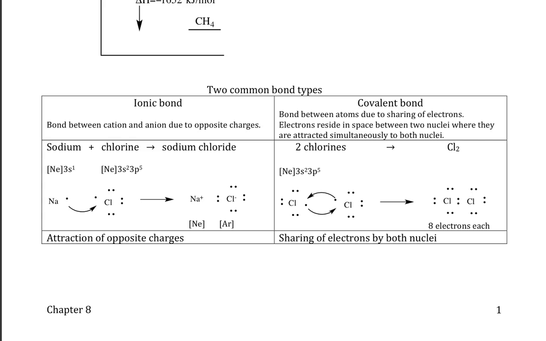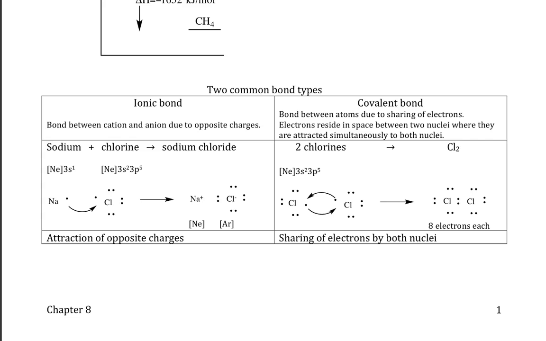Of course, you know electrons have a negative charge. Nuclei with the protons have a positive charge. So plus and minus are attracted to each other. So the electrons between the two nuclei are attracted to both nuclei. We call that type of bond, where there are electrons between the nuclei, a covalent bond.